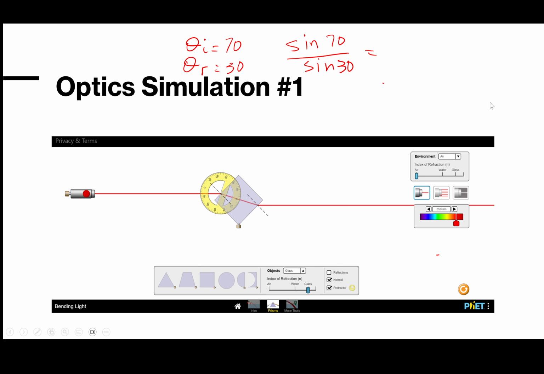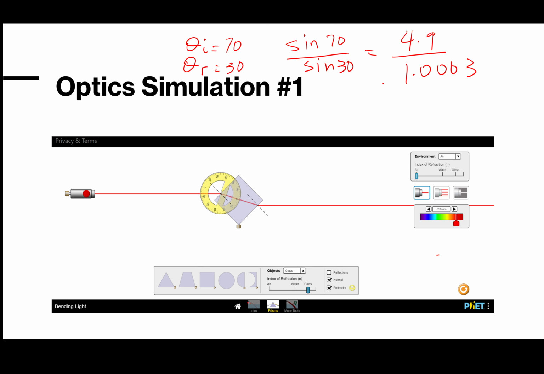So technically, this should be equal to 1.49 divided by the refractive index of air, which is 1.0003. If we calculate this now, sine of 70 divided by sine of 30 is going to give us 1.879.